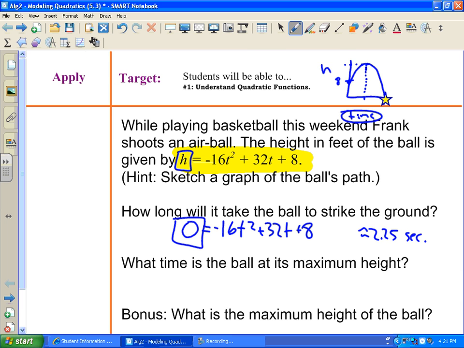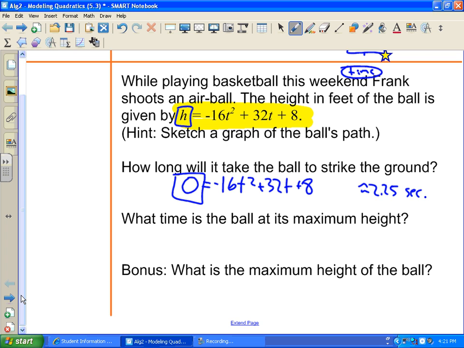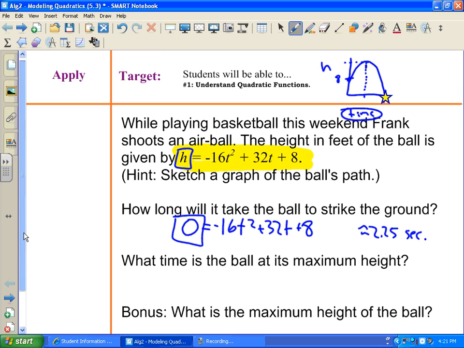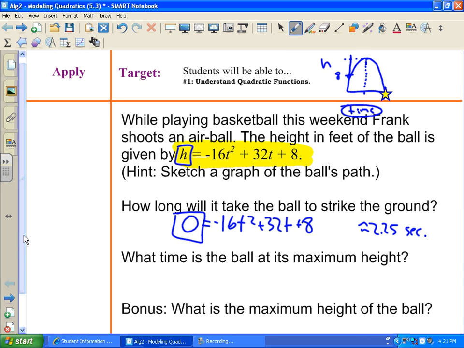Next part. What time is the ball at its maximum height? That's pretty easy, in my opinion. I think this part and the third part of this problem are easier than that part I just did. Certainly it's less work. Time the ball is at its maximum height.